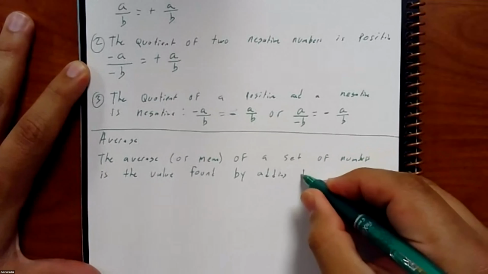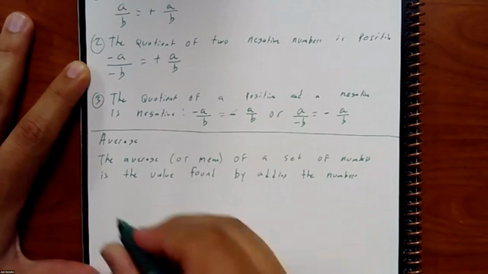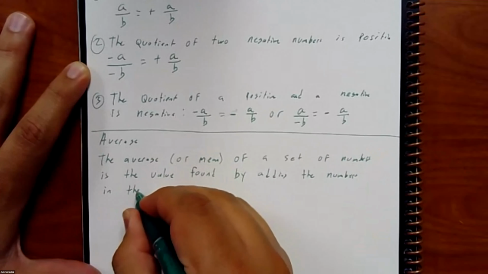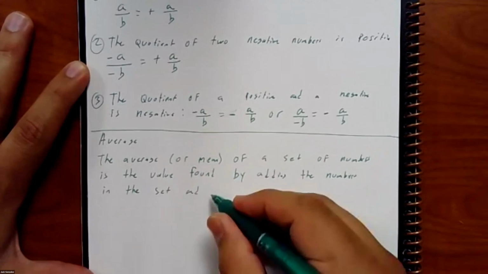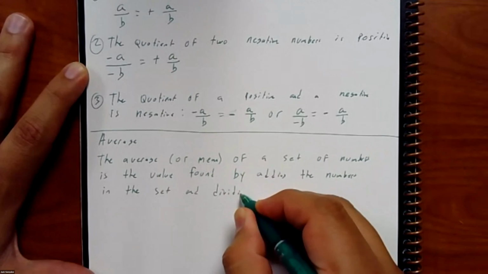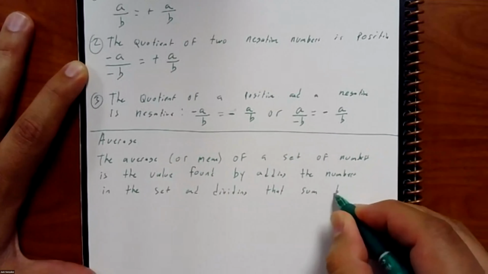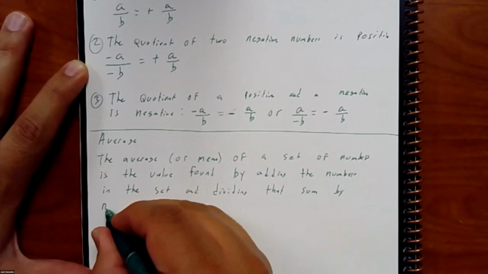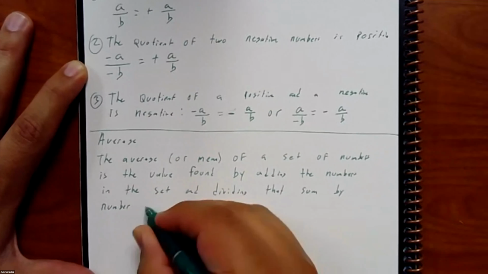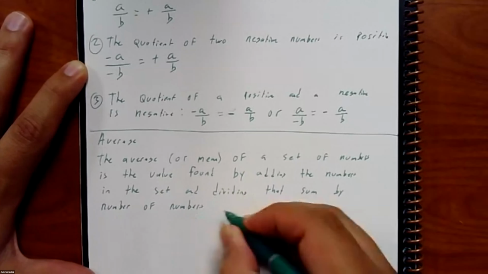You add any numbers in the set and divide that sum by the number of numbers in the set.